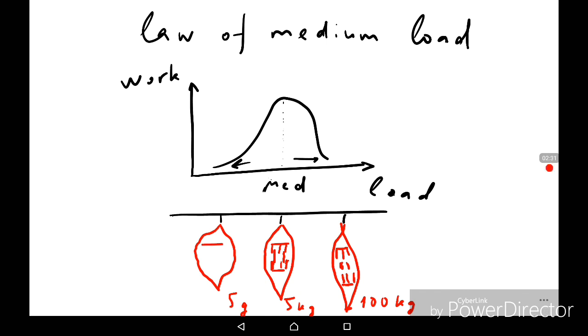And if the load is too low, then actin filaments overlap, and again sufficient cross bridges are not produced. So therefore, at medium load, the muscle contracts with maximal work ability.